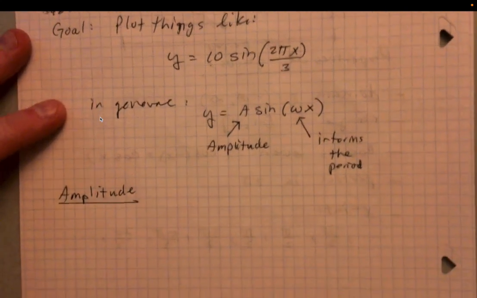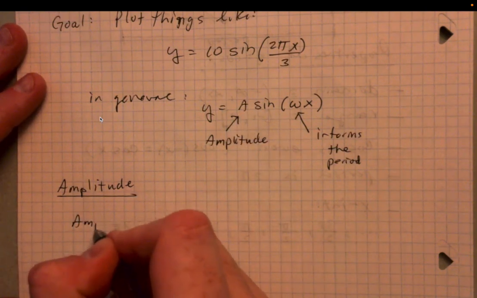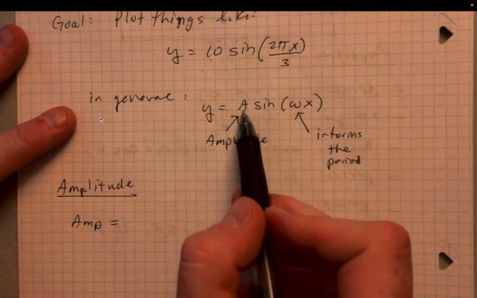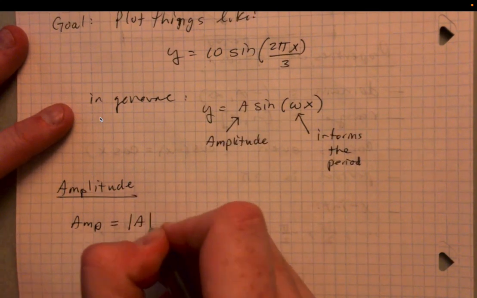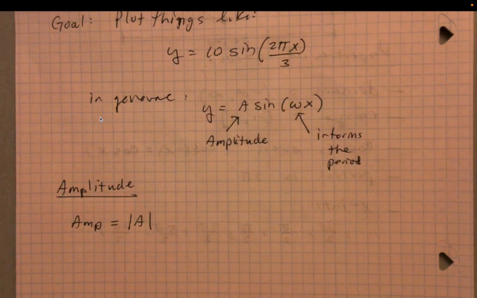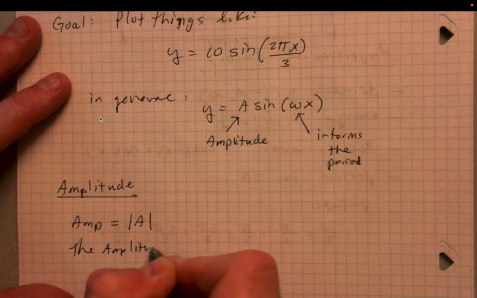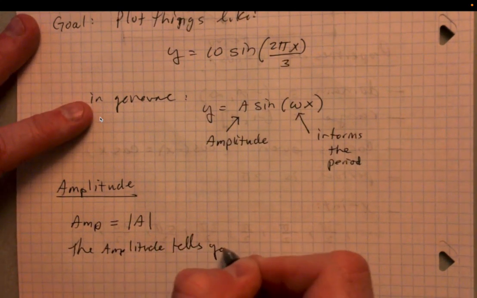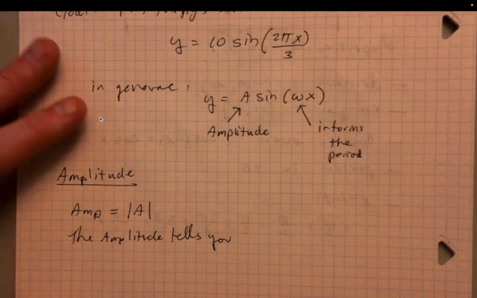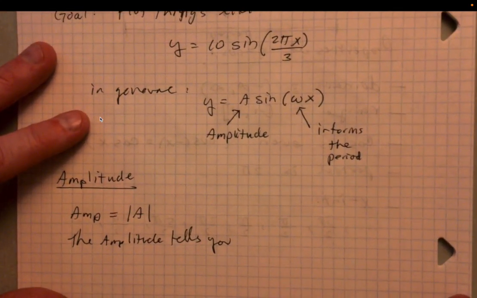Okay, so the amplitude is going to be equal to the absolute value of whatever a is. It's the absolute value, meaning if a is -5, then the absolute value of a is 5. If a is 10, then the absolute value of a is 10, right? So it basically takes whatever the number is and makes it positive. And the amplitude tells you how much the sine function is stretched or compressed vertically.